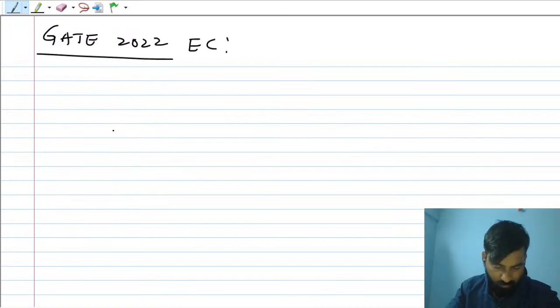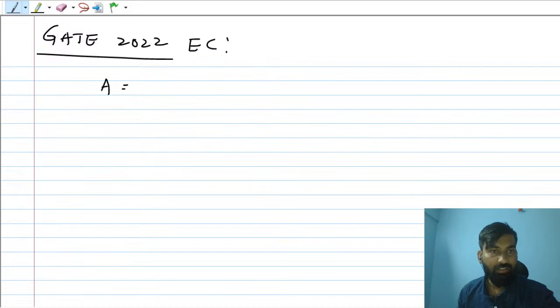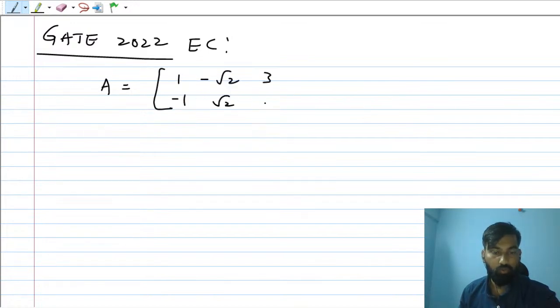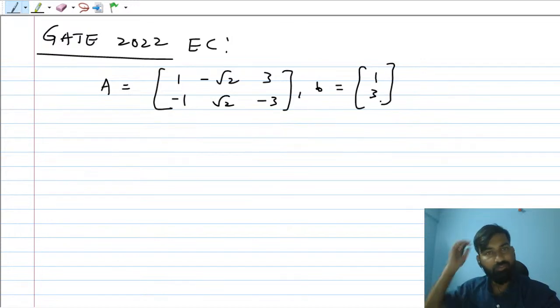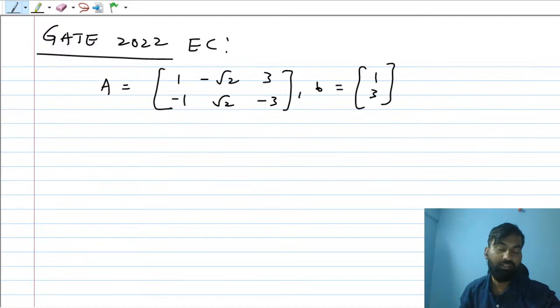We have already seen this question, but let me take it again. Consider a system of linear equations. The matrix is given like this: 1, minus root 2, 3, minus 1, root 2, and 3, and the B matrix is given as 1 and 3. So these are the two matrices.